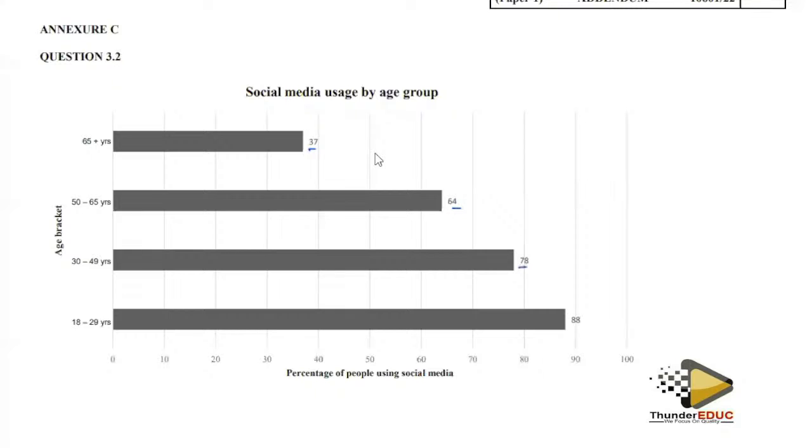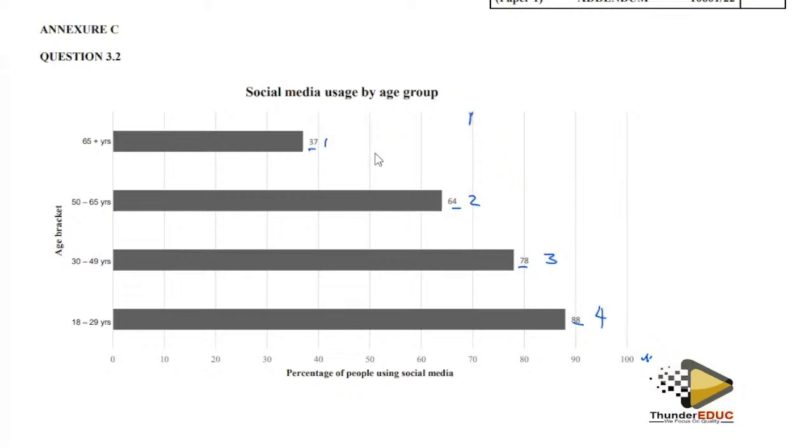These were the percentages. Why do we call them percentages? Actually, when you look at them, it goes up to 100. Even here, there's a percentage of people using social media. So we are going to add all these values and we divide by how many values are there? We have 1, 2, 3, 4.